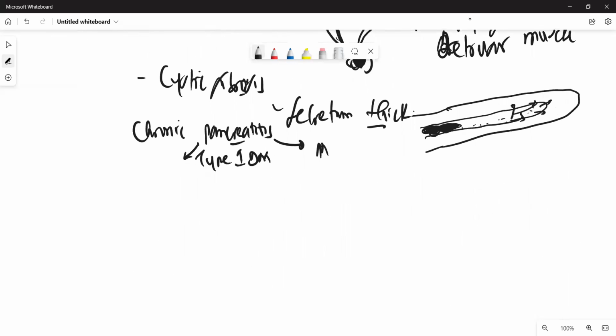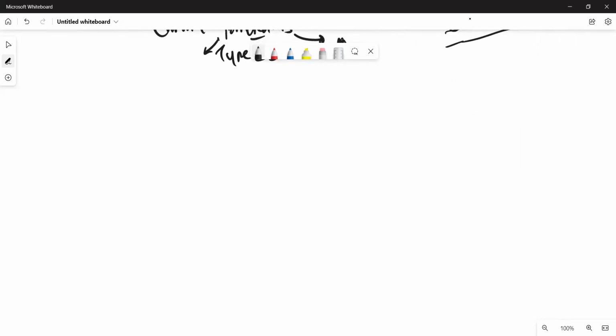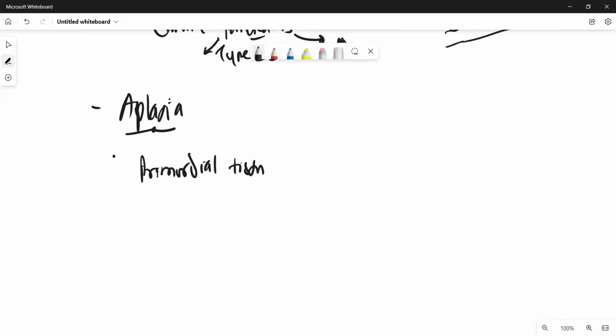So that's how we cover atrophy. The last thing I want to quickly talk about before we complete our cellular adaptation story is aplasia. So what is aplasia? When you look at most of the organs in our body, they all develop from what we call primordial tissue. This primordial tissue is what gives rise to those organs, kind of like a precursor.